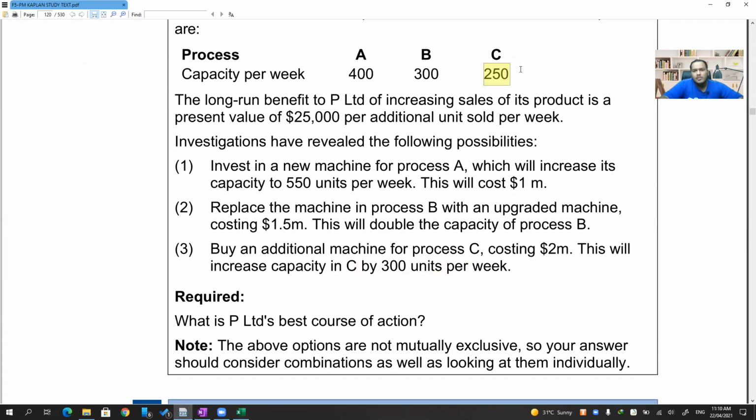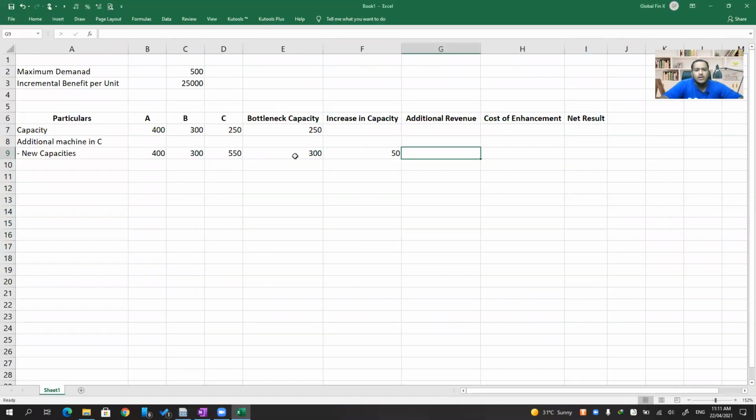Already we have 250 capacity. It will increase by 300 units, so total becomes 550 in machine C. But then your maximum capacity will be 300 only because B can process only 300 per week. Is that clear?